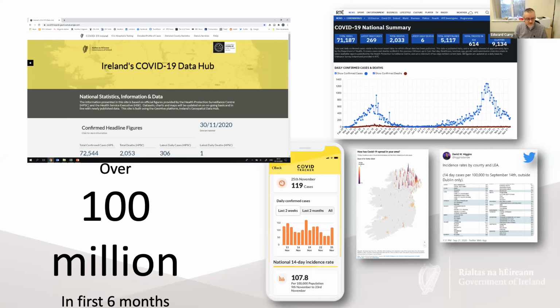And in the first 6 months of it in operation, the data hub had over 100 million downloads. And what's really interesting about that is that we managed to connect things like our COVID tracker app that again was created very quickly, but that was verified, that was done in a transparent way, and basically allowed individuals to report to the data hub and then to share that information anonymously.